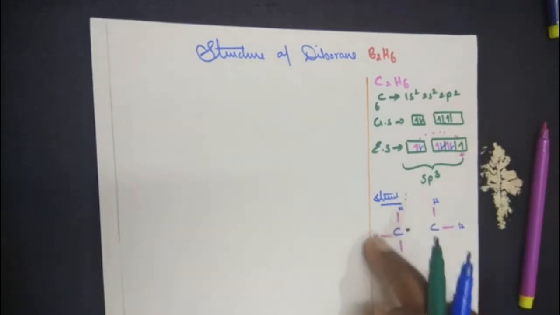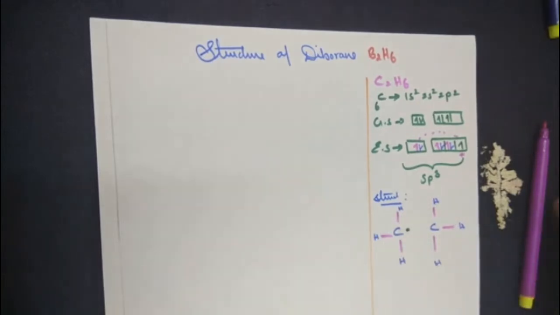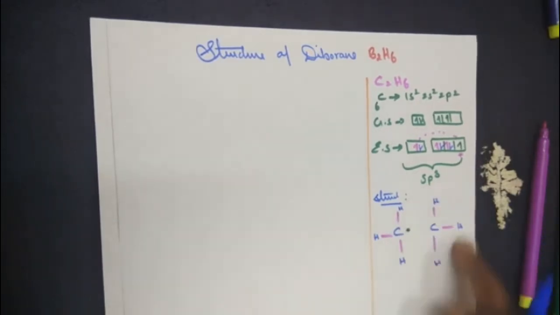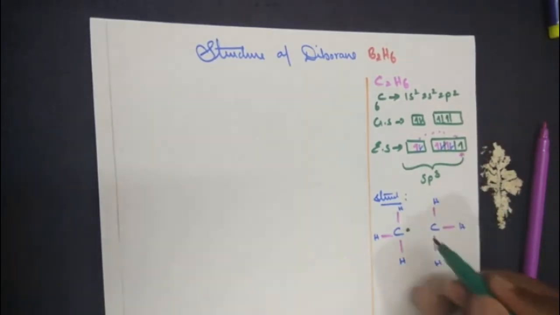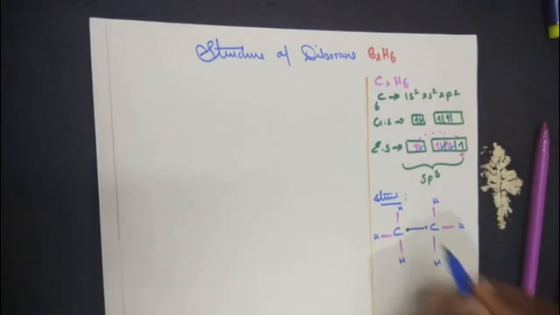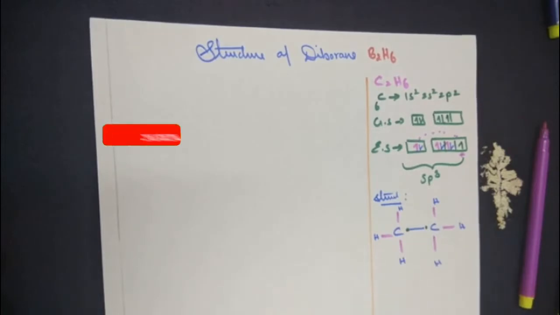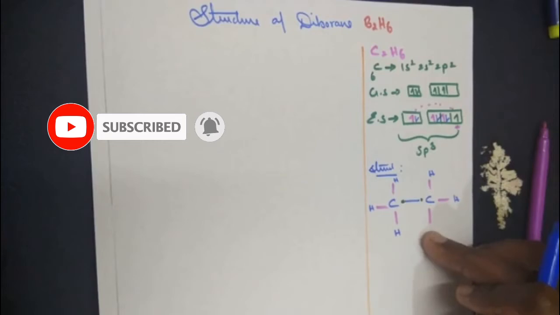Out of the 4, 3 are bonded to hydrogen and 1 is left without bonding. Similarly for the other carbon, the same concept. Now these two remaining electrons form a new bond, a carbon-carbon bond. So you understand the hybridization and how the structure is formed.